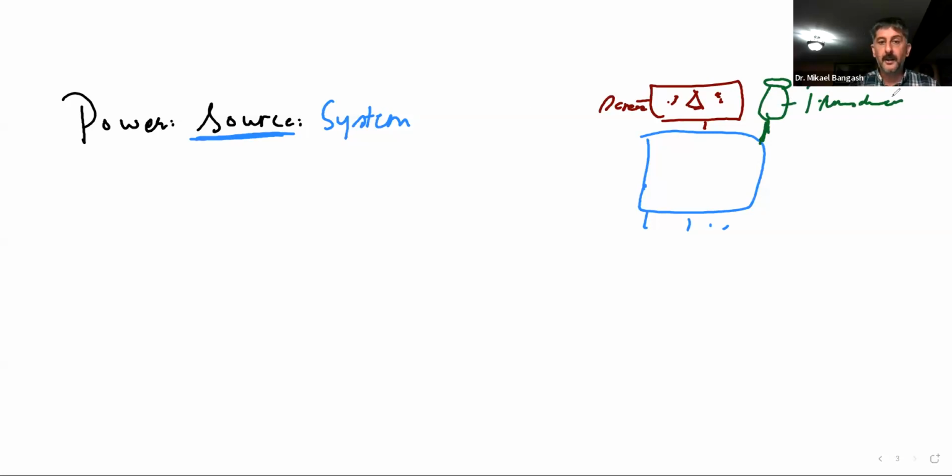So practically, the system, which is part of the source, will determine the power of the sound wave, which is just how much sound energy the transducer is going to be producing. Is that clear?